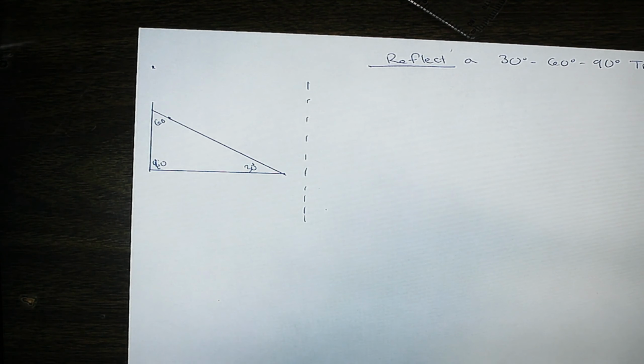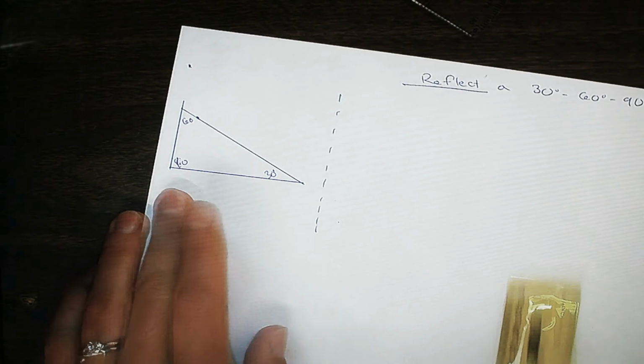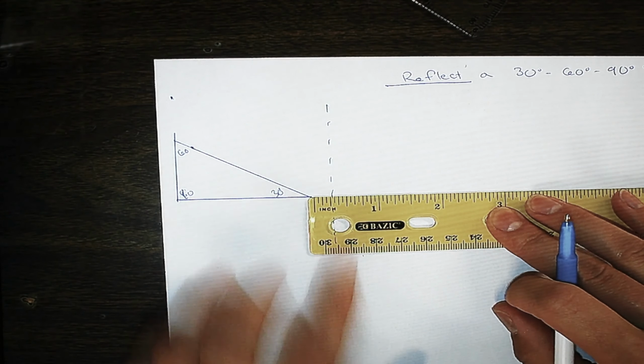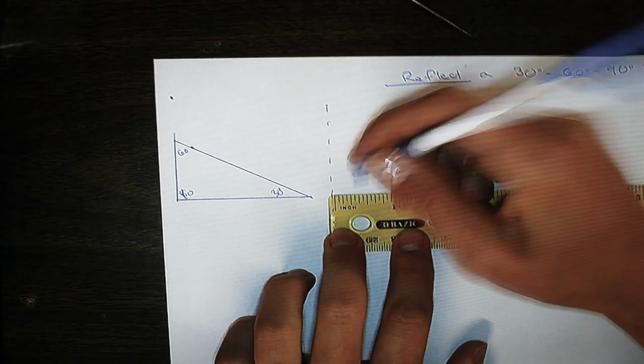Which means we need to measure how far it is from that dotted line. Oh, it's about, could use inches. Let's call it a 1/4 of an inch. Let's see if I'm right. Yep, it's about a 1/4 of an inch from that dotted line. So that's where we're going to start it. 1/4 of an inch from that dotted line.